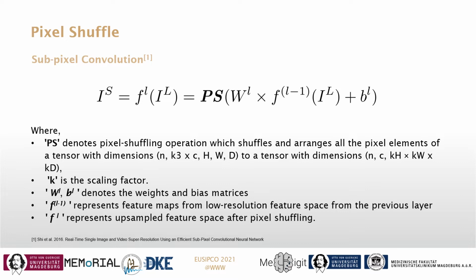It increases the spatial dimensions while reducing the number of channels by rearranging all the elements of the tensor. This helps to prevent checkerboard and other artifacts or blurring effects, as there is no interpolation involved from low to high resolution. Rather, all the pixel elements are already present in the tensor. They are just rearranged from channel to spatial dimension.